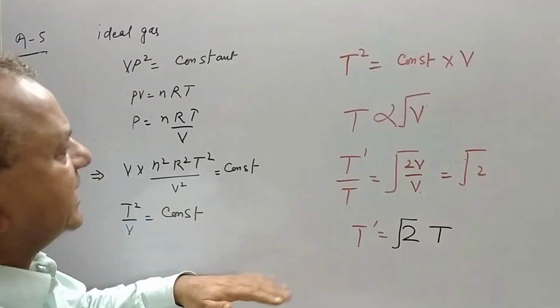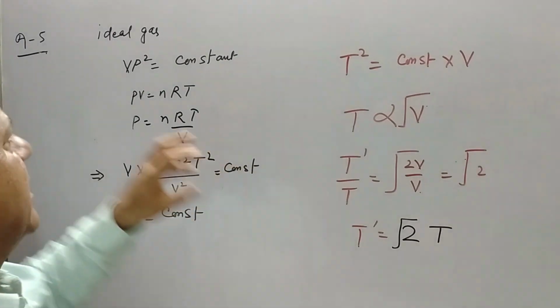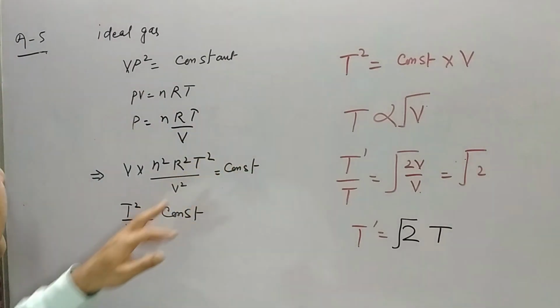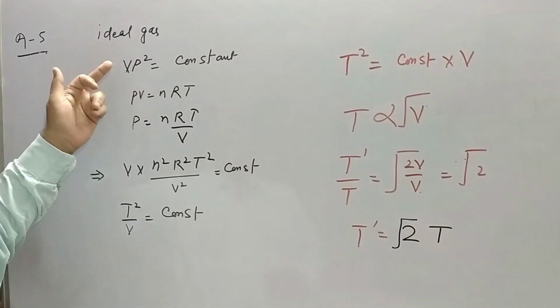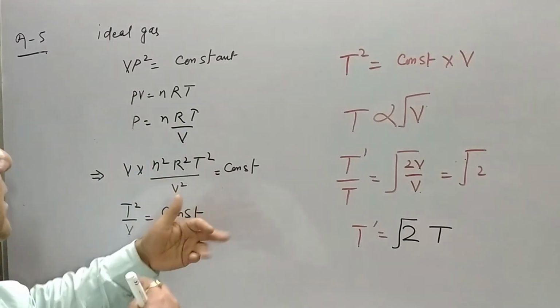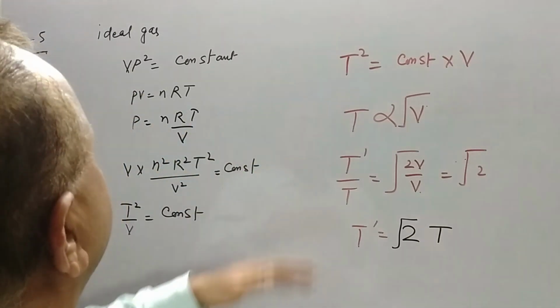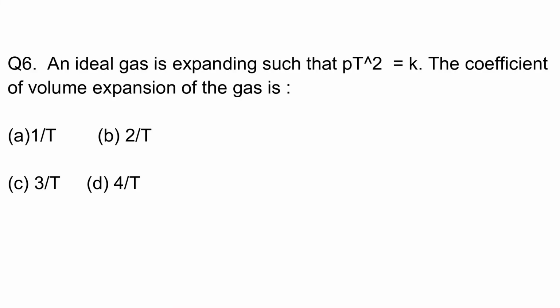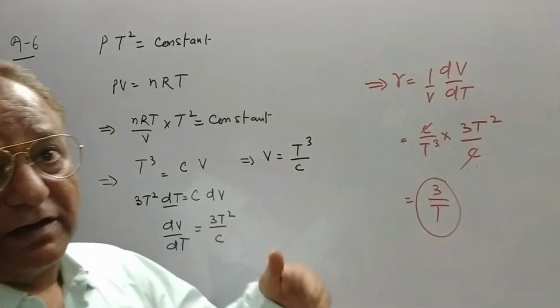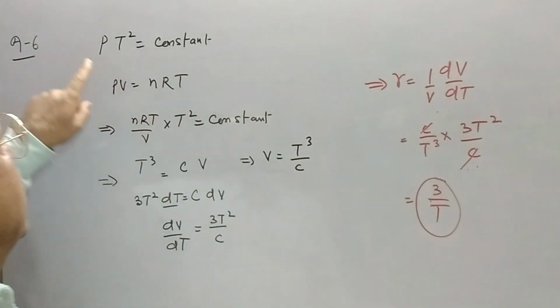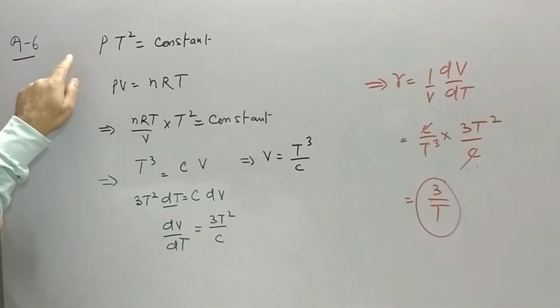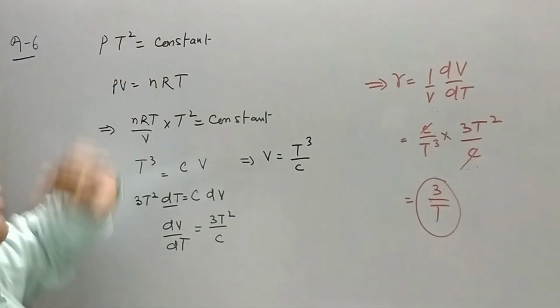Now this relation can be derived for different variables. This was for T and V. It can be for T and P, or you can correlate different things. This is one more variation. I've told you in question number 5. The relation might be placed like this: PT square is equal to constant.